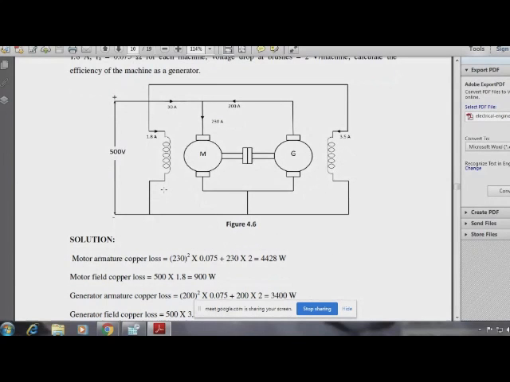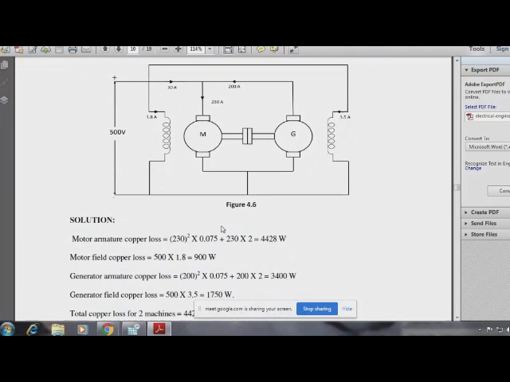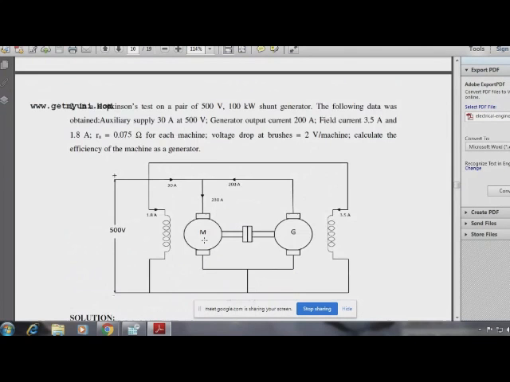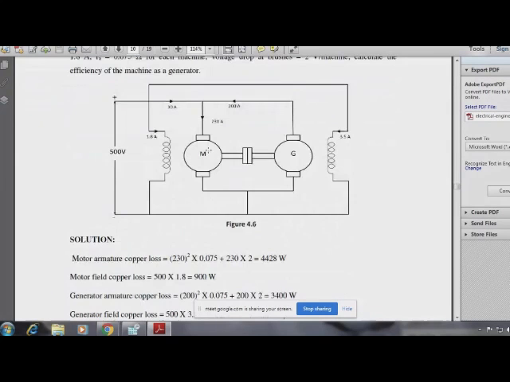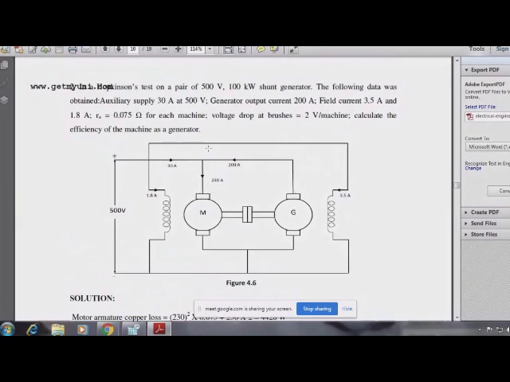Motor armature copper loss, 230 square, because... what is the 230?